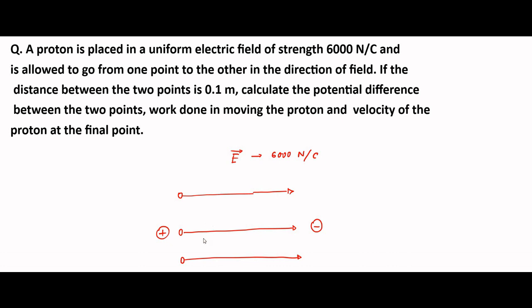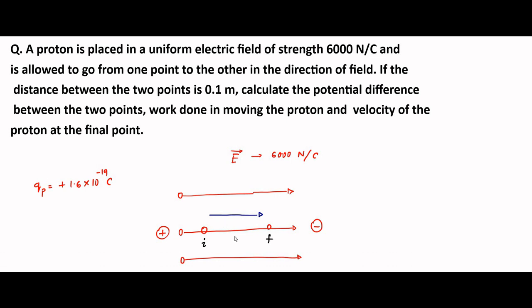So here we have a proton, with charge of proton plus 1.6 into 10 to the power minus 19 Coulomb. So it moves, let's say, from an initial point to a final point. So let's say this is the initial point and this is the final point. The proton moves in the direction of the electric field. The positive charge repels the proton away from it.